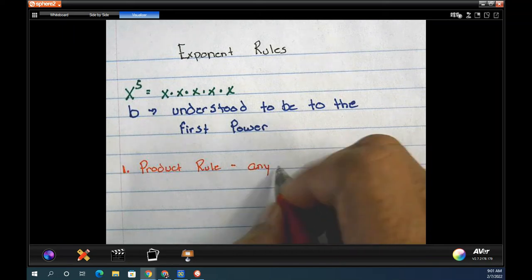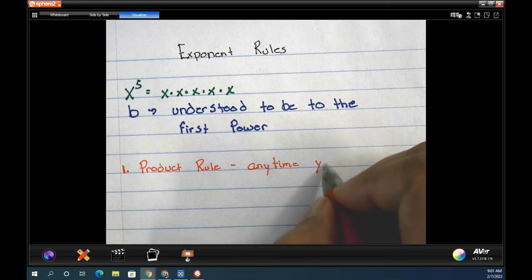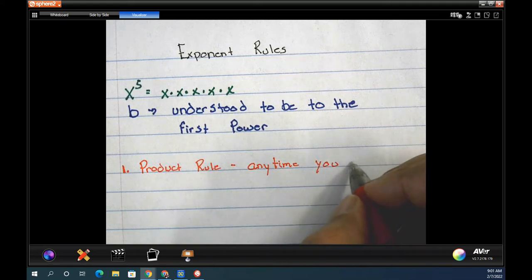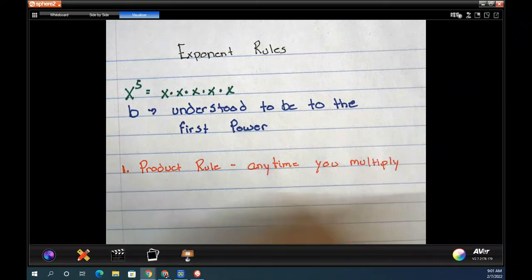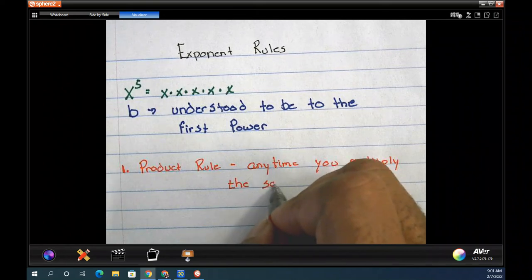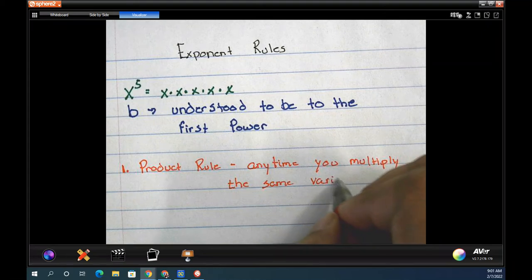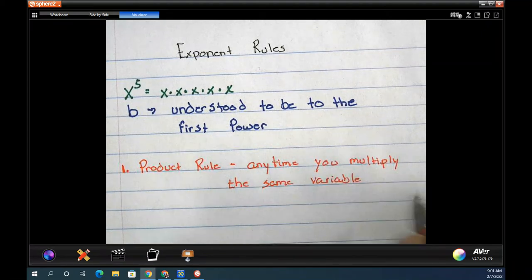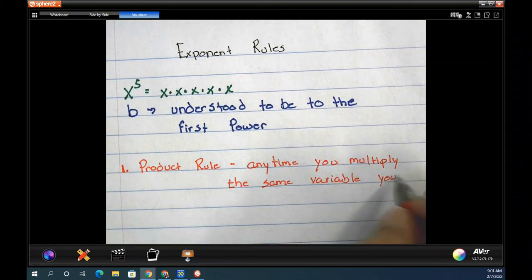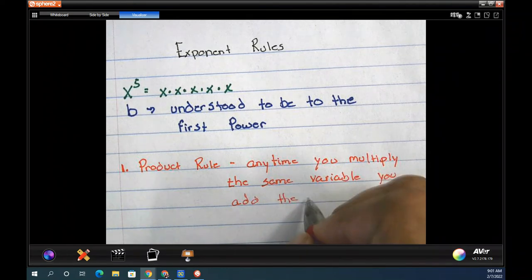Anytime you multiply the same variable, you add the exponents.